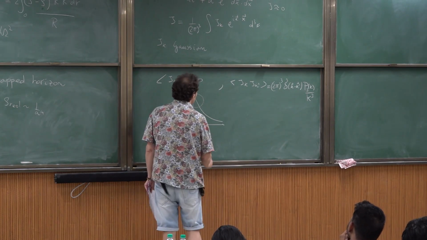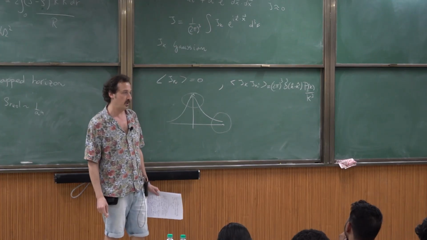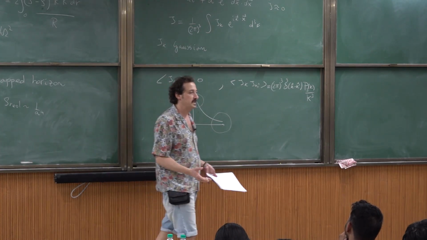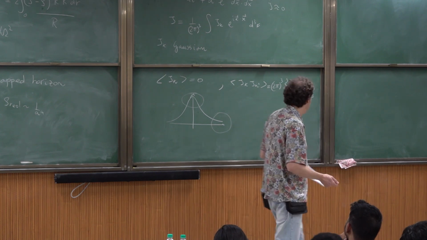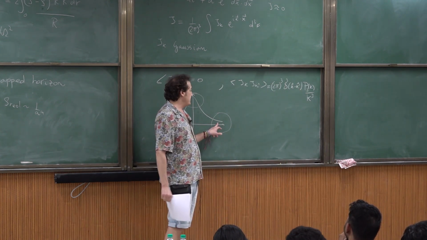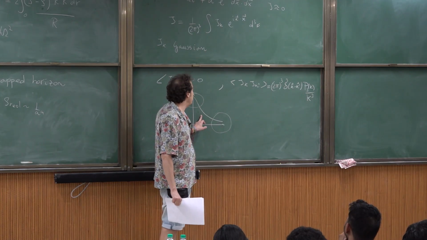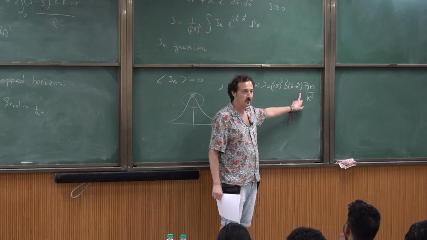We are interested in what happens in the tail of this distribution, because we want to see some exponentially small rare case. But even if we are interested in this tail, as we said, the probability distribution is completely determined by the two-point correlation function.